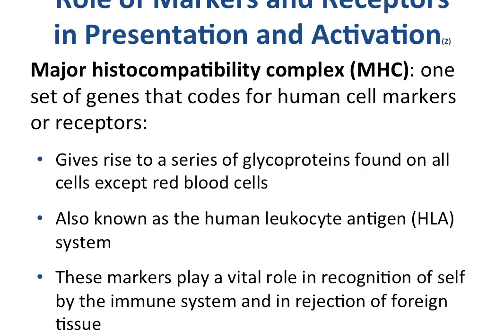They are also known as the human leukocyte antigen. They are very important for our immunity to recognize foreign substances, and they are also involved in the rejection of foreign tissue.